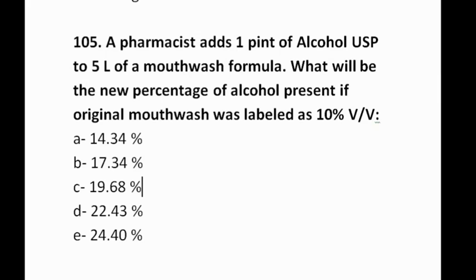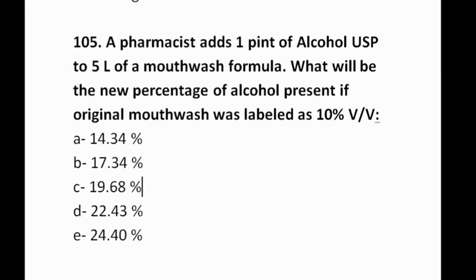Actually 1 pint is equal to 473 ml, and alcohol USP is actually 95% alcohol, which means 95 ml of alcohol is there in 100 ml. In total 100 ml there is 95% alcohol, the rest is water.